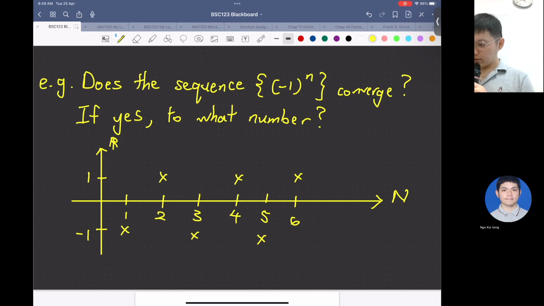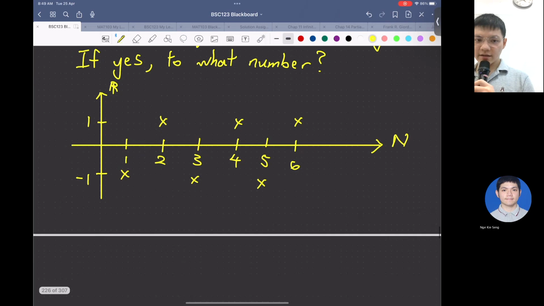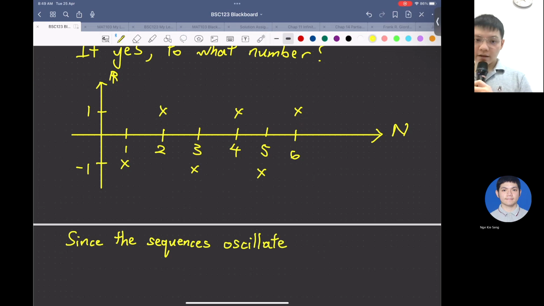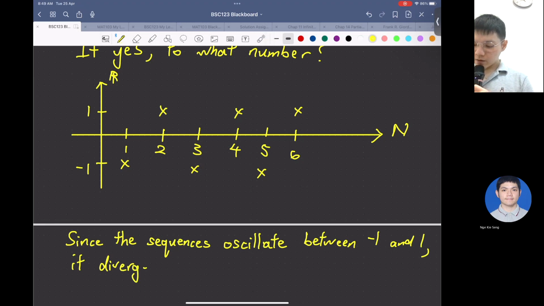So the first point he made is that since the sequence oscillates between -1 and 1, it diverges. Can you make it more precise? When I say I want to make it precise, you need to go back to your definition.